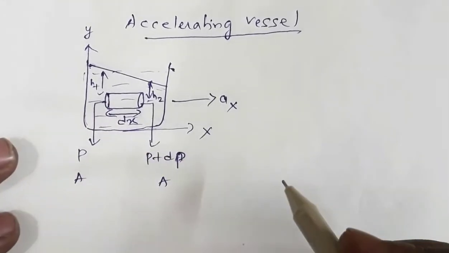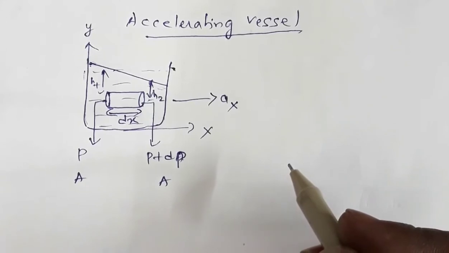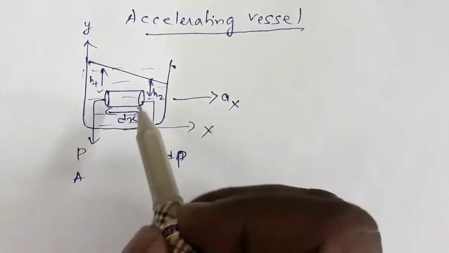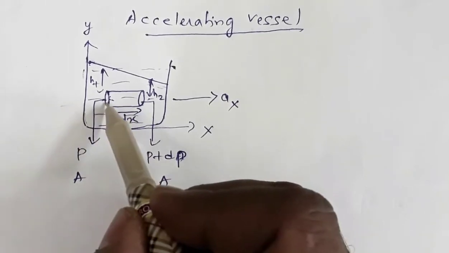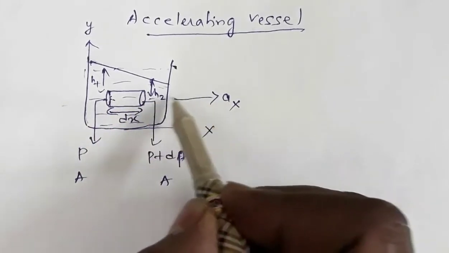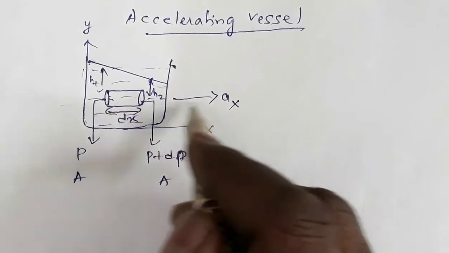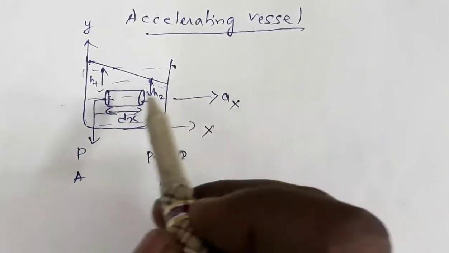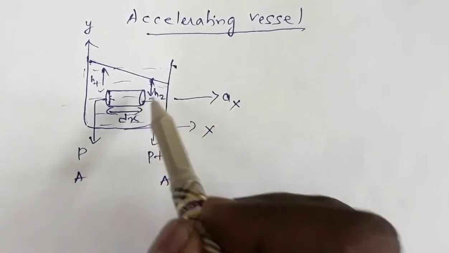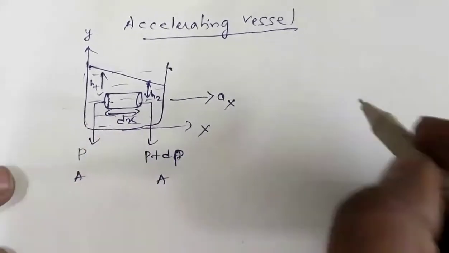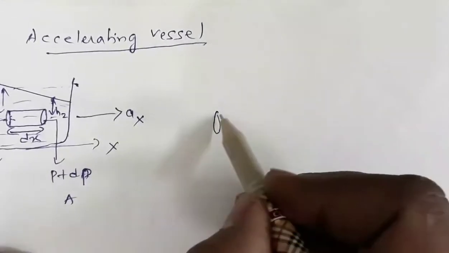Now see, on this surface the force is acting in this direction. On this surface the force is acting in this direction, but the entire system is accelerating in this direction. So that means the net force acting in this direction is greater than the net force acting in this direction. So what is the effective force? Let me redraw this again.